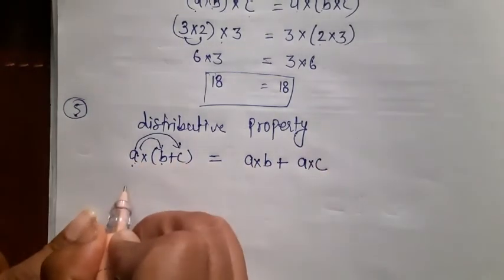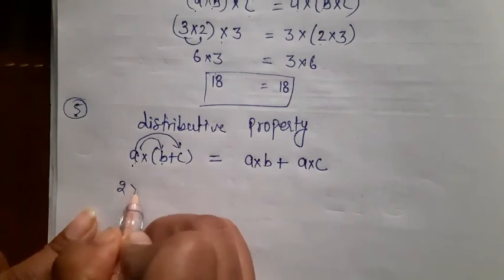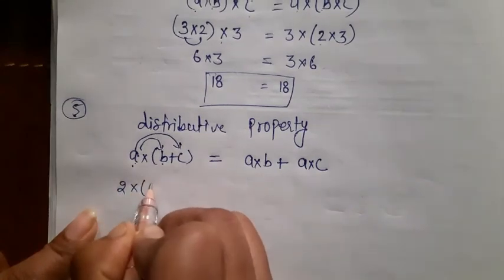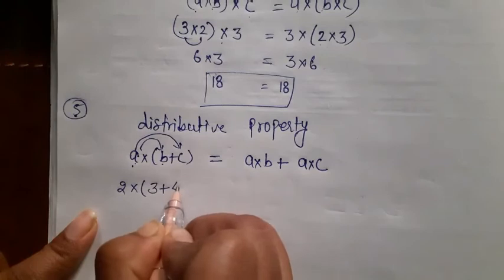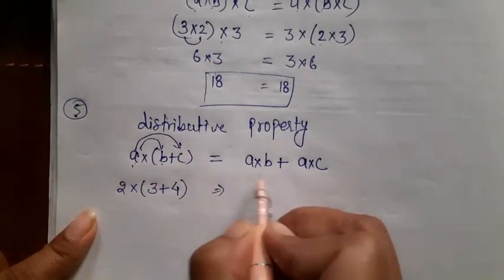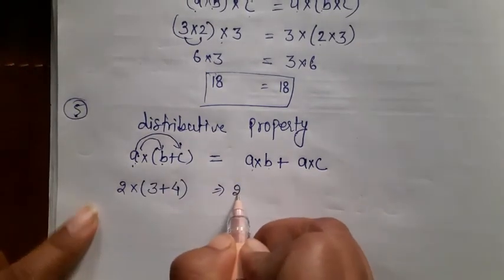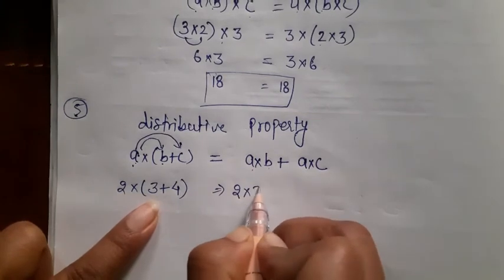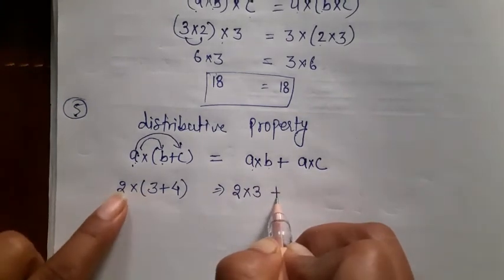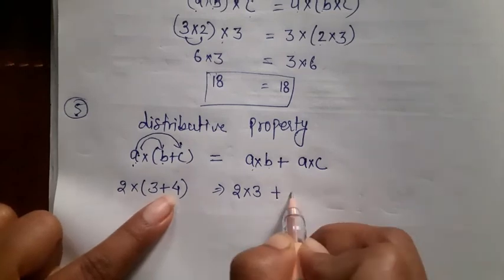For example, if the value of a is 2, the value of b is 3 and the value of c is 4, so we get 2 into 3 plus 2 into 4.